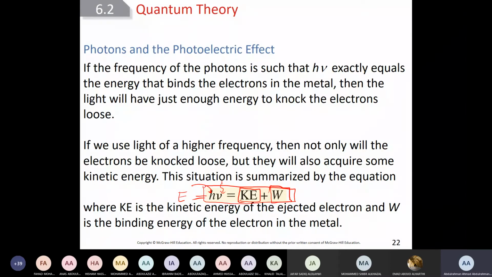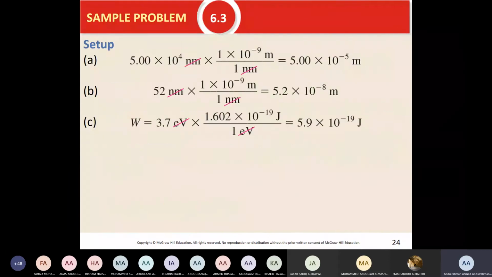Binding energy. What's the meaning of binding energy? The binding of the electron to the nucleus, the nucleus with the electron outside. This energy is called W, capital W, which is binding energy. I hope you know all these equations. Good.